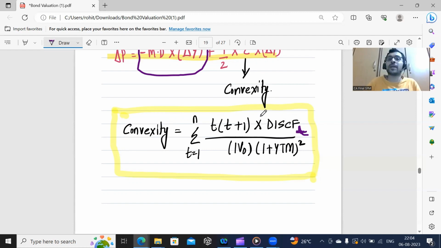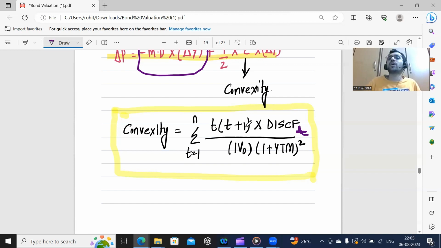Second year cash flow, multiply it with 2 into (2 plus 1), which means 2 into 3 into the second year cash flow. Third year cash flow, you will do 3 into (3 plus 1), which means 3 into 4 into discounted cash flow for the third year, the whole divided by IV0 into (1 plus YTM) the whole square.